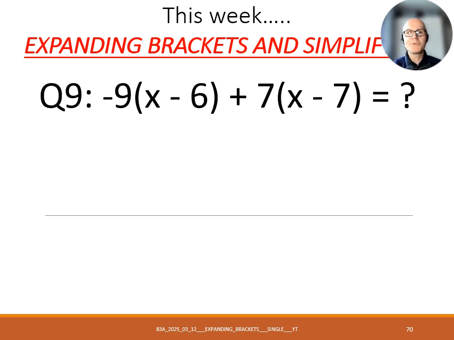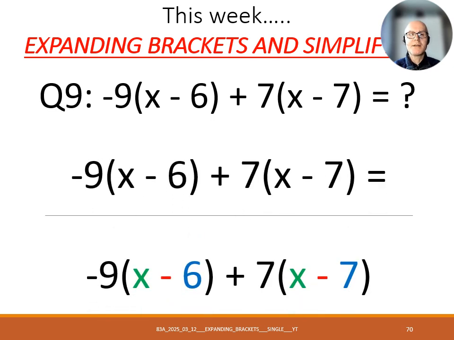Our penultimate quiz question, negative 9, open brackets, x subtract 6, and we're going to add that to 7, open brackets, x subtract 7. Color code it up. Negative 9 times x, negative 9 times 6, and then 7 times x and 7 times 7.